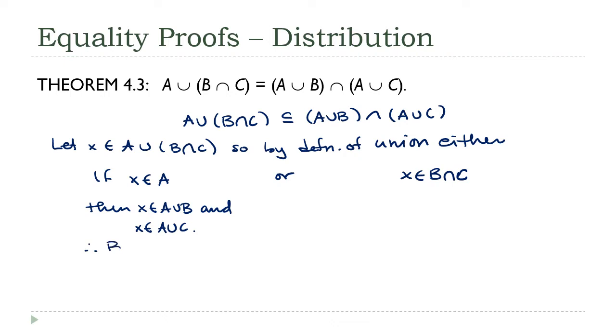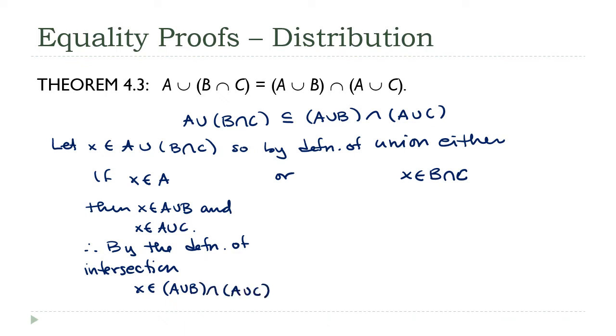Therefore, by the definition of intersection, X is an element of the intersection of these two sets. If it's in both of them, then it's in the intersection.